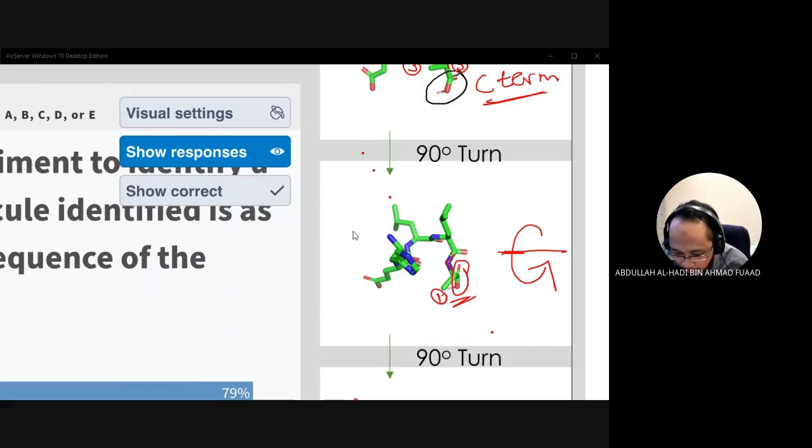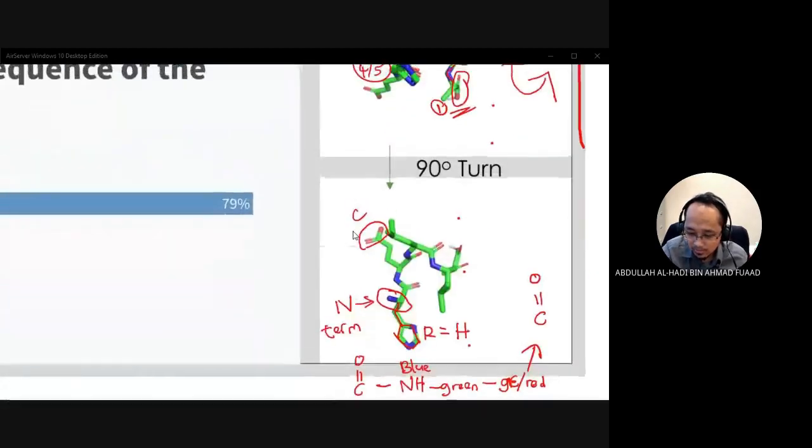Then you move to here and there, moving towards this side, and then you cannot see anything. So you know that this one is second, this one is the third. In this case, fourth and fifth are a mix, so you don't really know, but you know that from the C terminal, this is the sequence. From the N terminal, this might be the sequence. And then you move to look at the last picture.